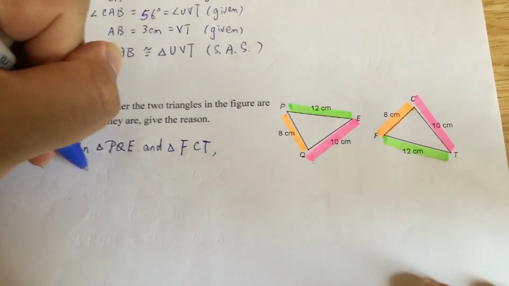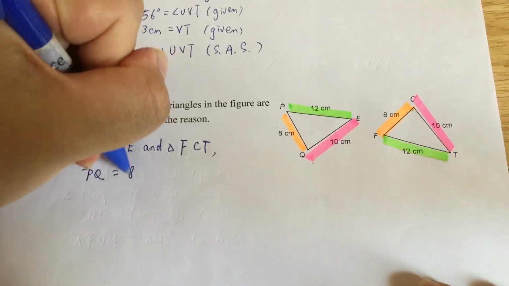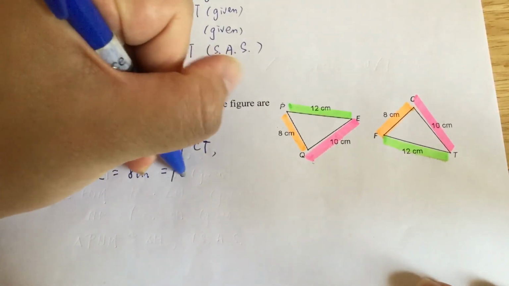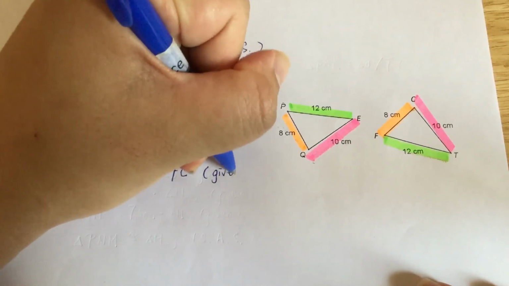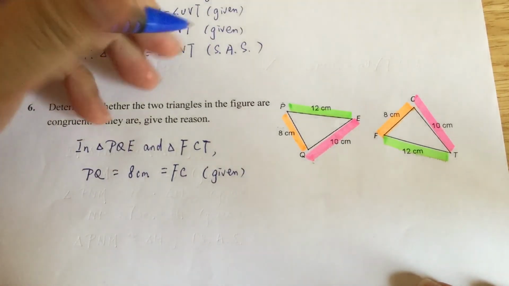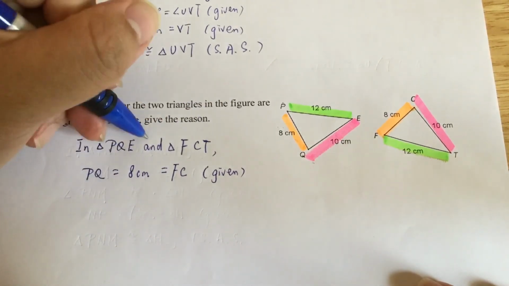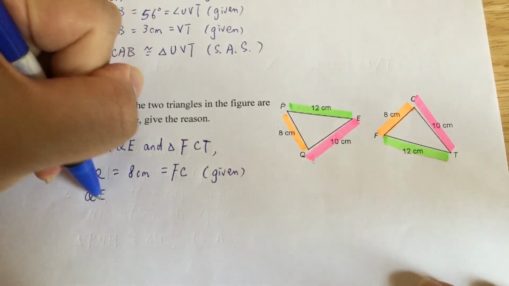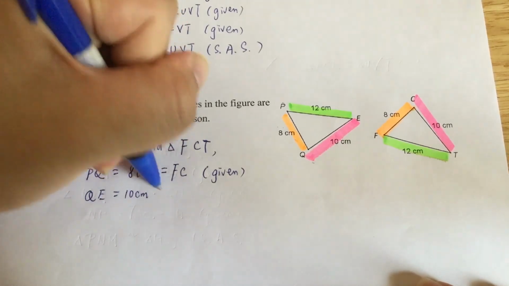Okay, now first of all, PQ is equal to XCM is equal to FC. That one is given. We can directly write that if you mark it carefully at the very beginning. And then QE is equal to CT, which is equal to 10 cm, given.